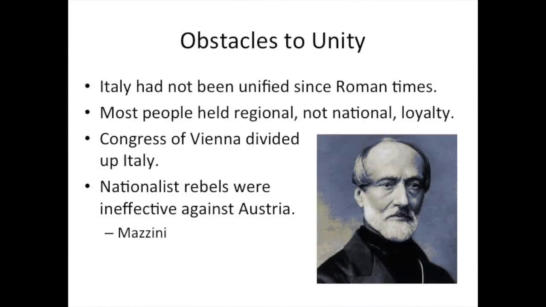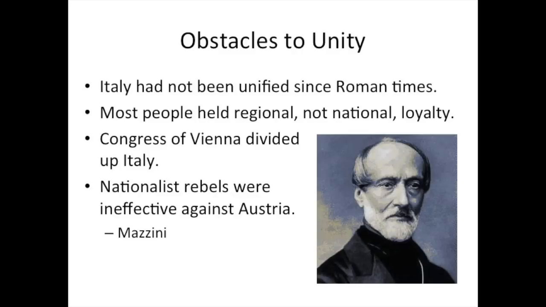So first, let's talk about some of the obstacles that Italy faced when they decided to make efforts to unification. The first was that Italy had not been a unified nation for a really long time, not since early Roman times. It was divided up into various regions, and it had been frequently controlled by outside rulers as well as regional and local princes, and people were really loyal to their regions, not necessarily to their nations.